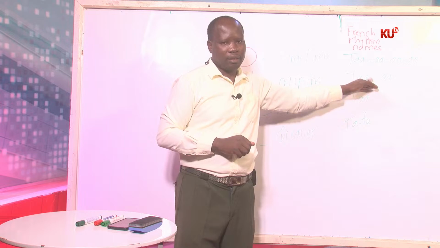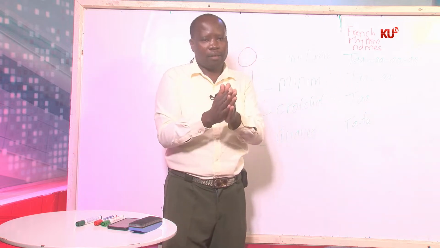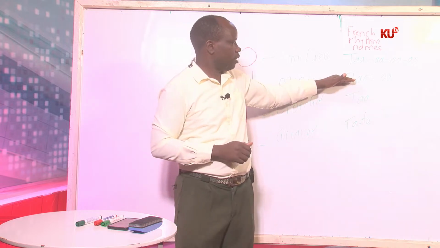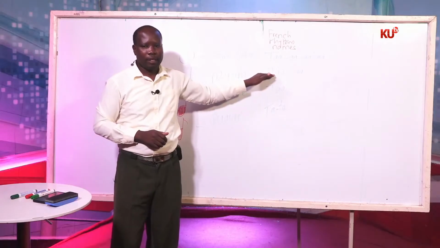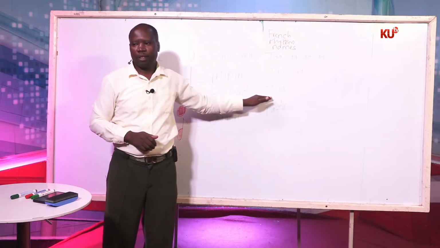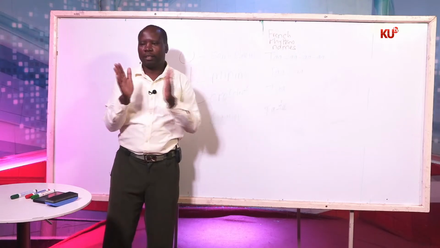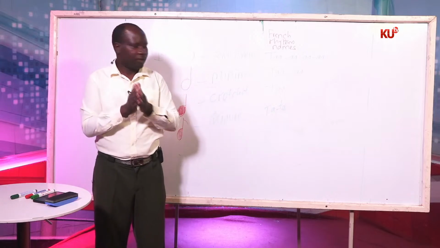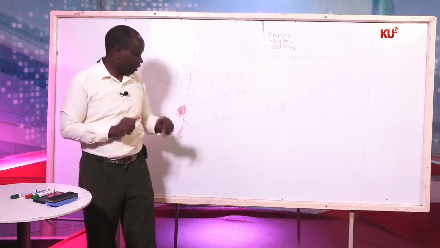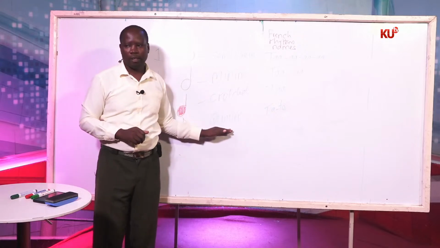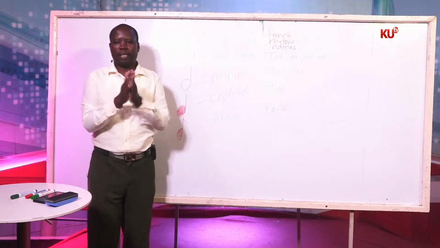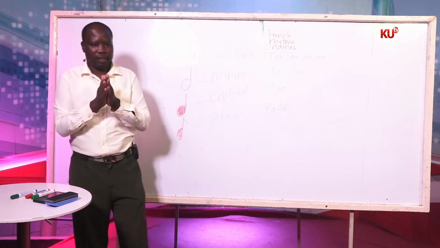The beats, ta, a, ta, a. That is the beat for the second one. Then for the third one, crotchet, the beat is ta. Then for the quaver, the beat is tate.